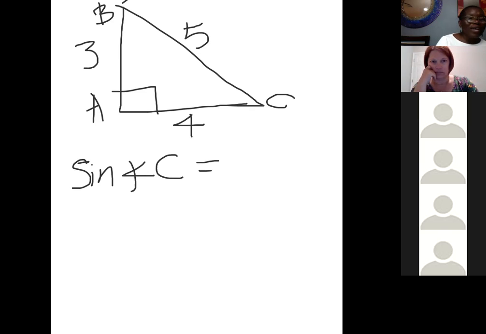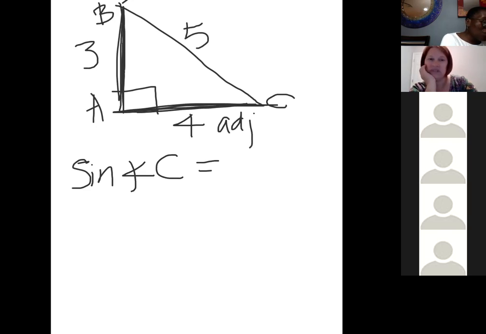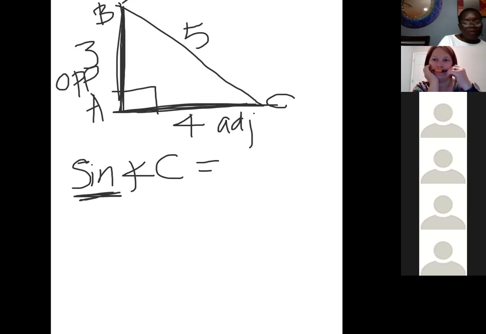So you can go ahead and define the sides. This is the side that is touching C, so that's adjacent to C. This is the side that is not touching C, away from the C, so we call this the opposite. Since we're talking about the sine, remember the sine is the opposite side. What's the length of the opposite side? 3. What's the hypotenuse? 5. And there you go.